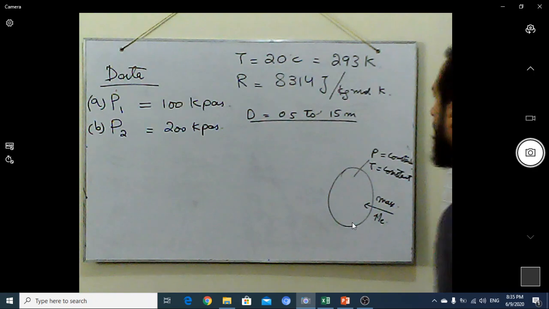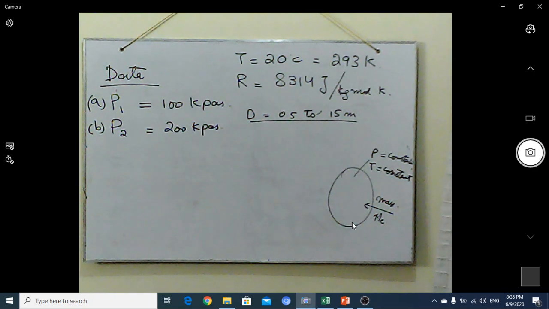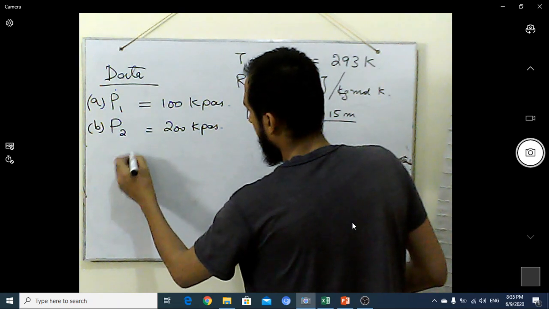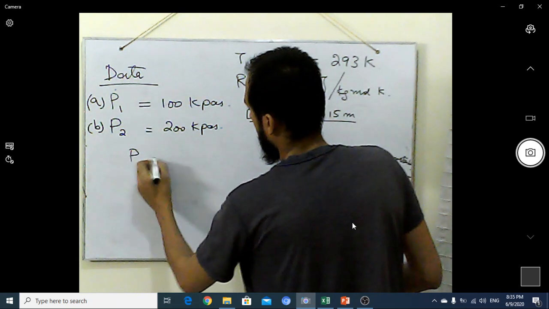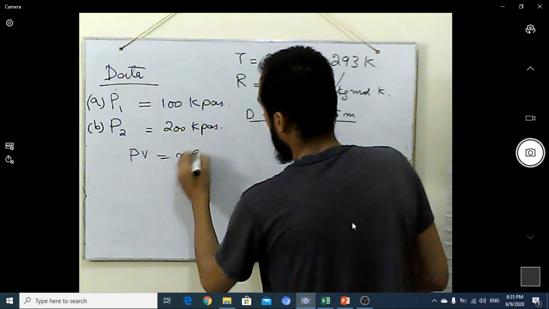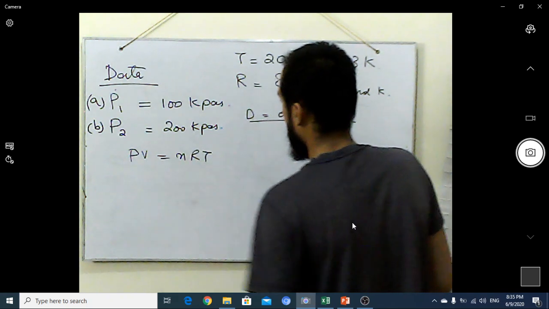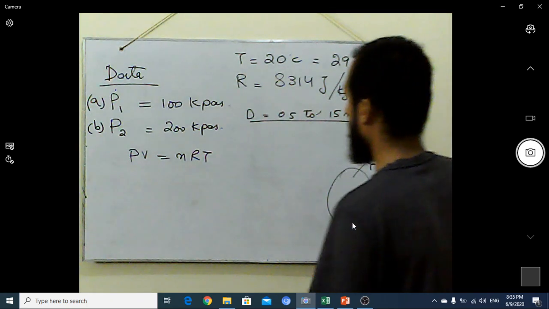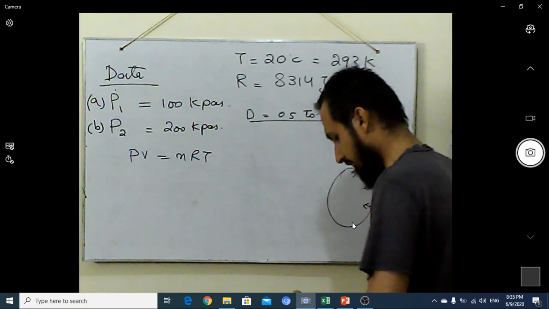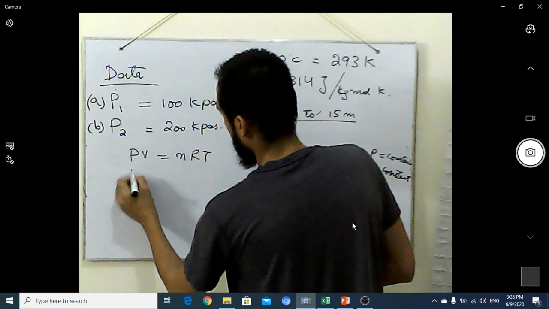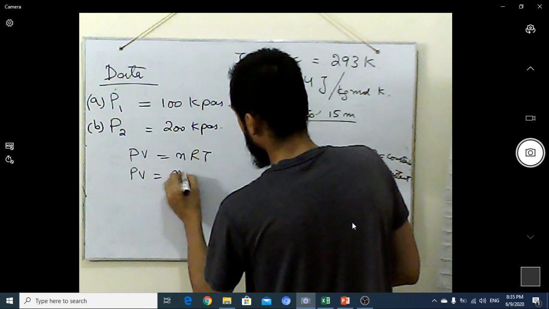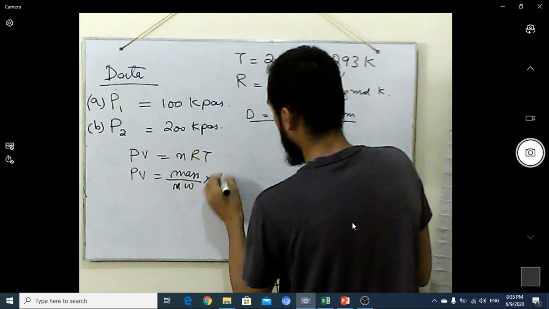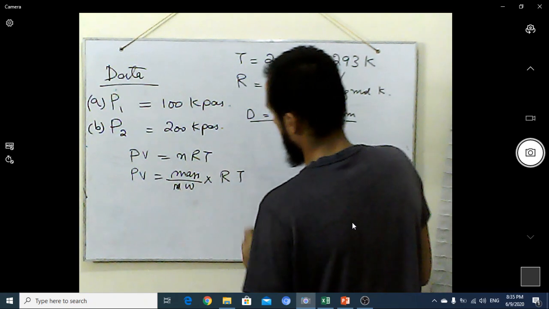So firstly, what we will do is use our simple ideal gas equation, which is PV equals nRT, and here we reduce the number of moles into its basic formula, so PV is equal to mass over molecular weight multiplied by R and the temperature.